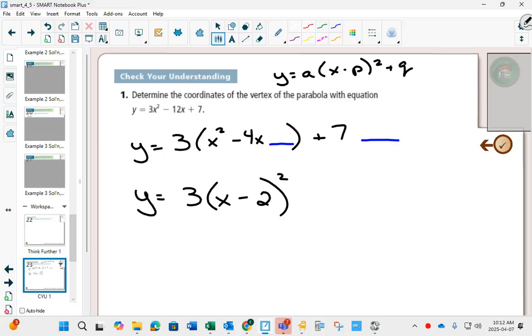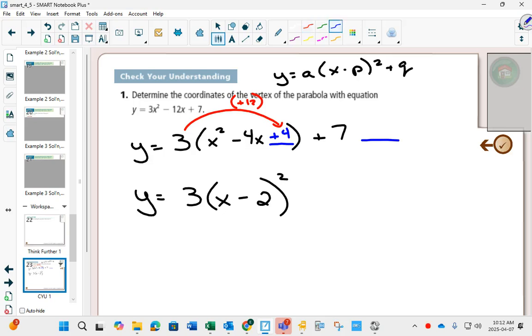But if I do x minus 2 squared, and I actually multiply it out, I would find out there has to be a plus 4 there. But what have I actually added? I've actually added 12 to the side when I do that plus 4.